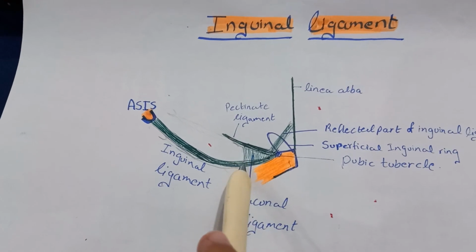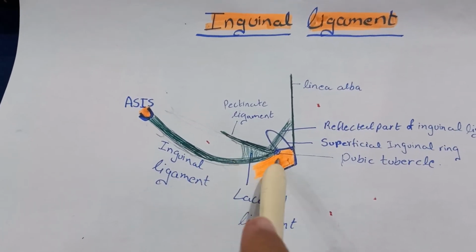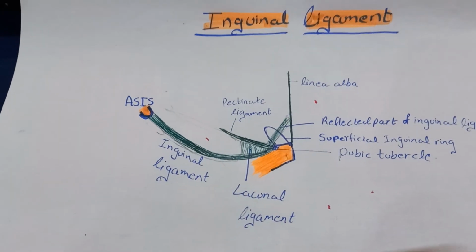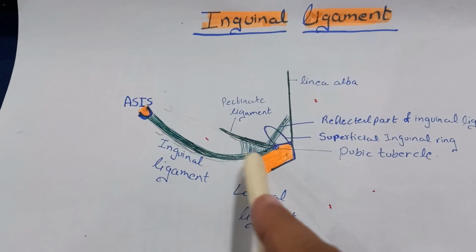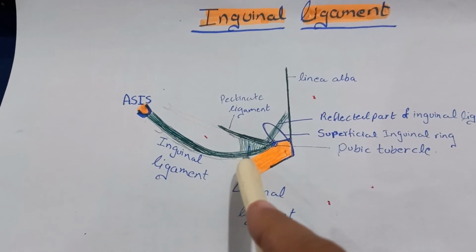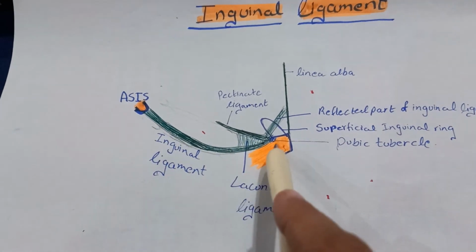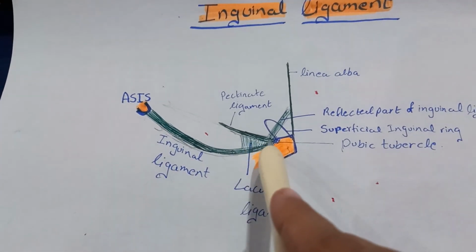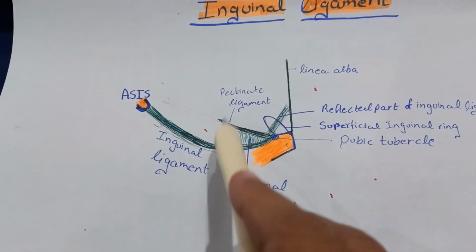This is the lacunar ligament. As you can see in this diagram, lacunar ligament is triangular in shape. It has an apex and it has a base. Anteriorly, it is attached to the medial end of the inguinal ligament. As you can see in this diagram, this is the inguinal ligament.